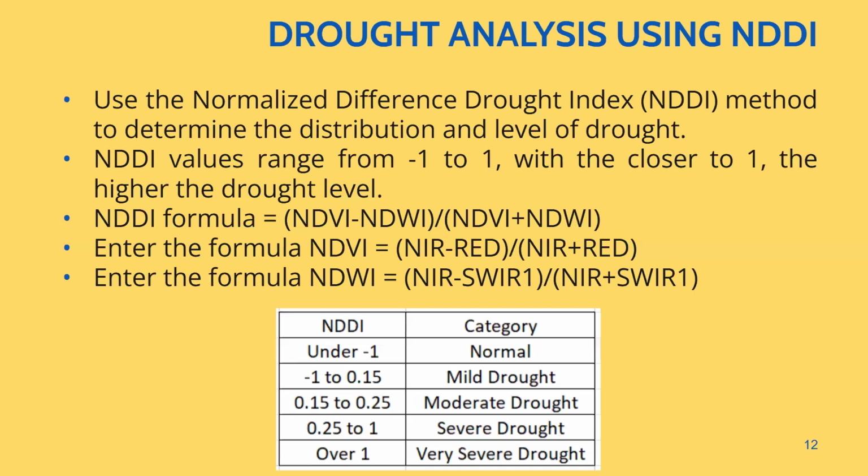An NDDI value under -1 is in the normal category, then -1 to 0.15 is called mild drought, 0.15 to 0.25 is moderate drought, 0.25 to 1 is called severe drought, and over 1 is called very severe drought.